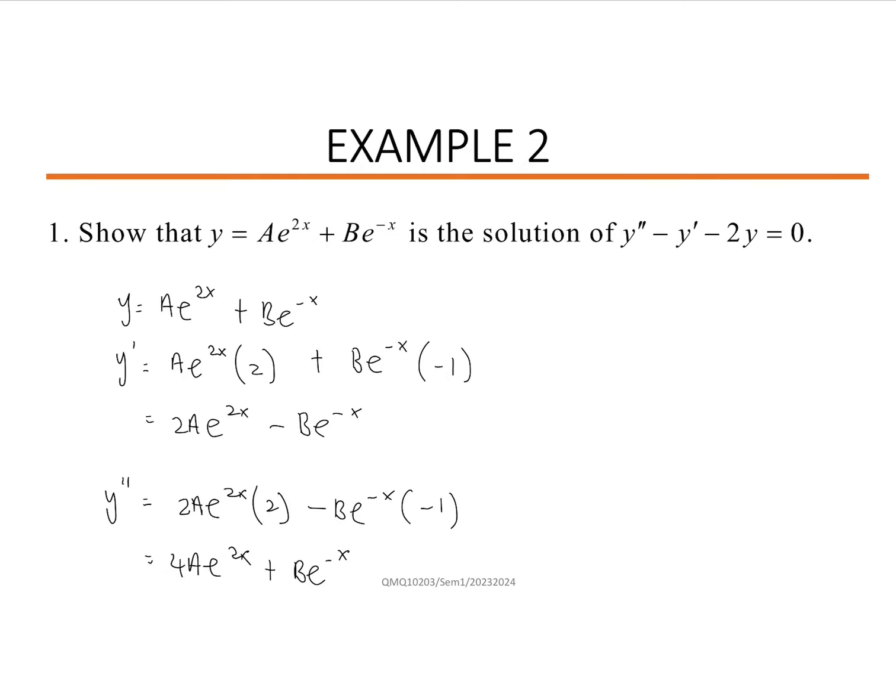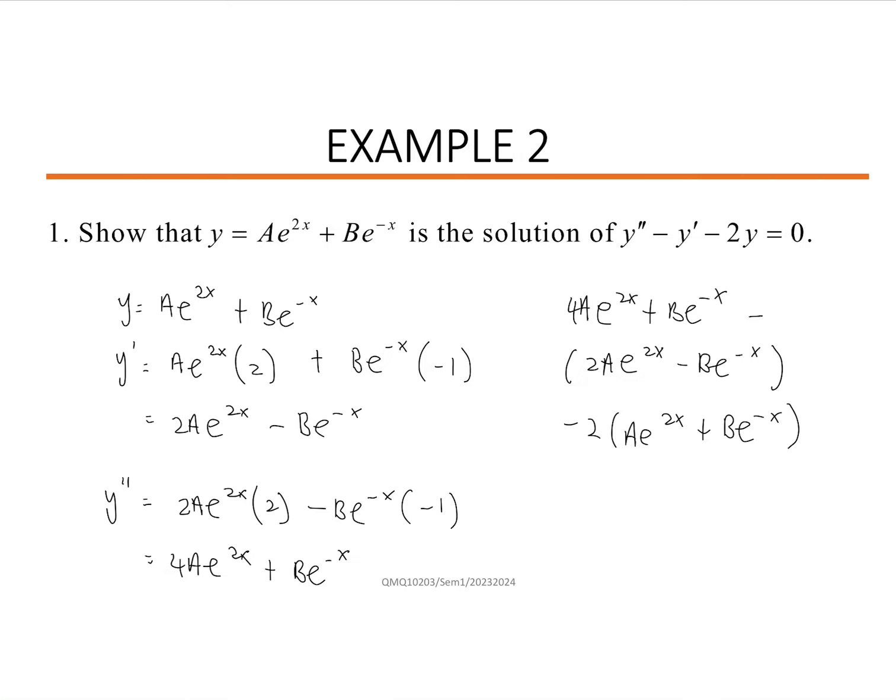So substitute into the equation. We have y'' = 4a e^(2x) + b e^(-x), minus, in brackets, y' = 2a e^(2x) - b e^(-x), minus 2y = 2(a e^(2x) + b e^(-x)).